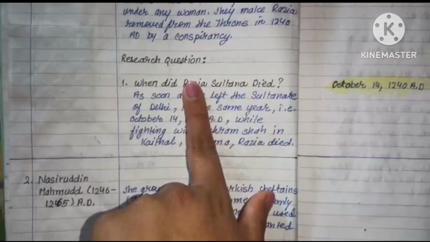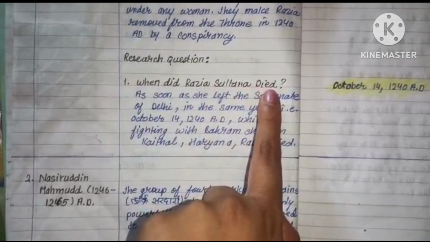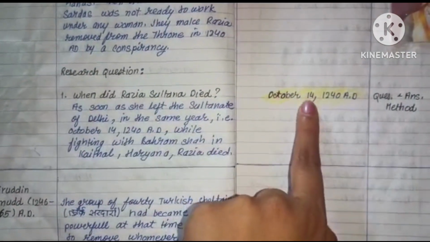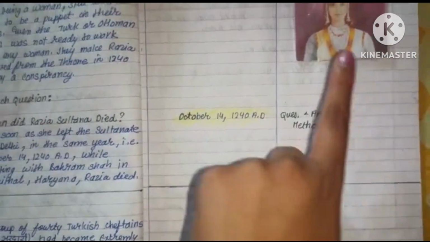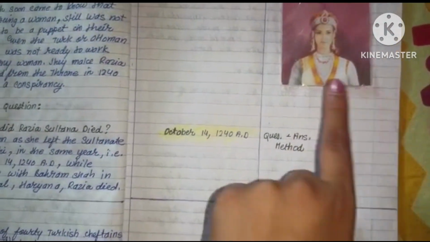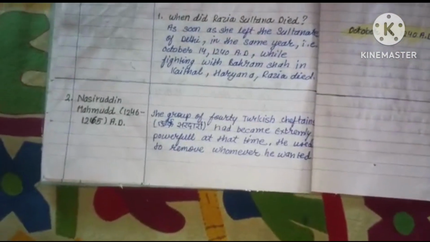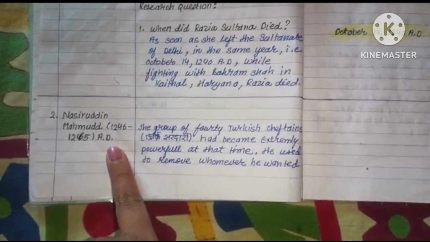We have one research question. When did Raziya Sultan die? So it will be die and not died. The students need to answer October 14th, 1240 AD. This is a question answer method and he or she will show this picture of Raziya Sultan. Then we have a short note on Nasiruddin Mahmud.